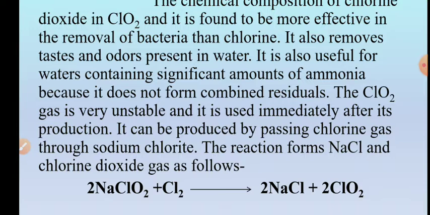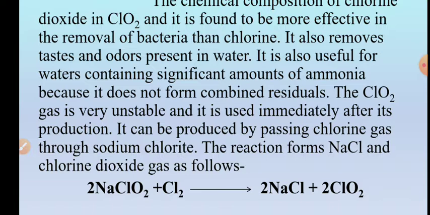It is also useful for water containing a significant amount of ammonia because it does not form combined residuals with ammonia. So ClO2 treatment has many advantages. It removes bacteria better than chlorine, removes odor, removes taste. The method is very effective and significant even if ammonia is present in water.